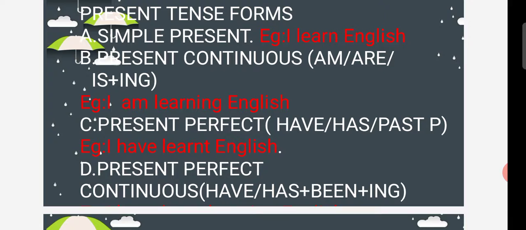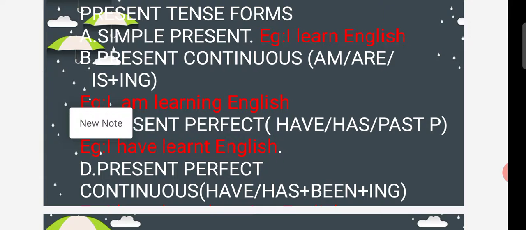If it is she, has; he has and it has. So learnt is the past participle of learn. So learnt is the past tense and the past participle also is learnt. I have learnt English.